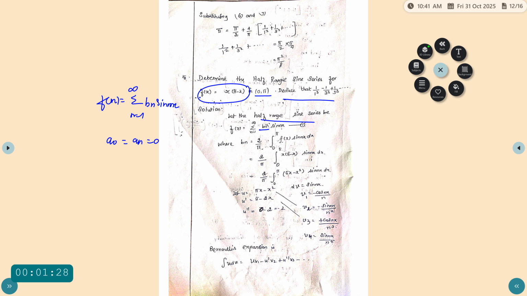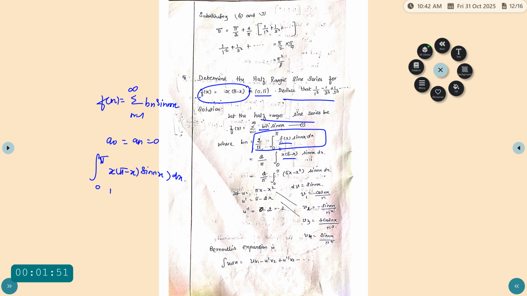The formula for finding bn is 2 by pi integral 0 to pi f of x sin nx dx. Here f of x is given in the problem, so we have integral 0 to pi x into pi minus x sin nx dx.